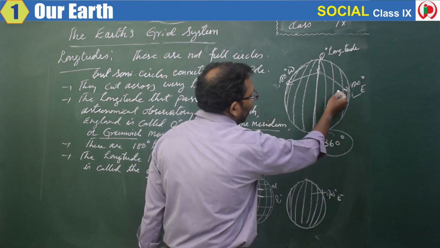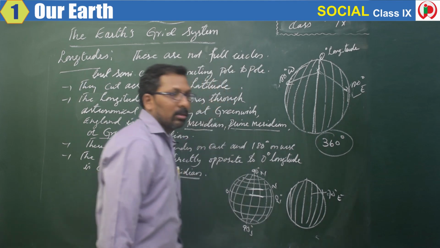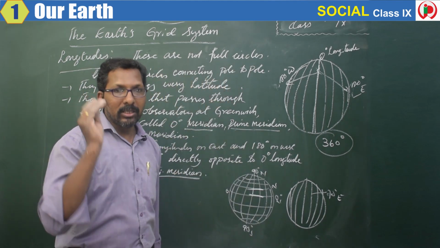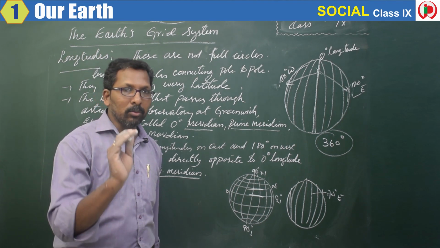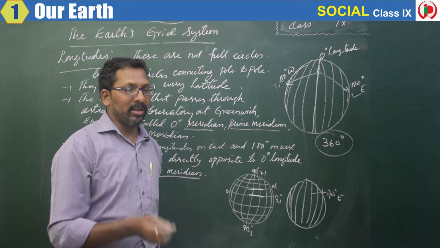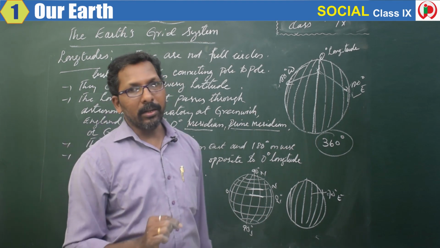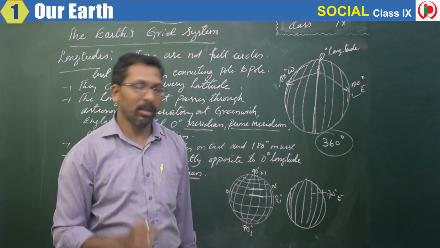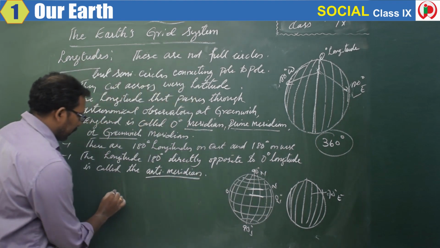So Hyderabad is located on the east longitude. So designating the longitudes is very important. For example, in which latitude and longitude is India located? How will you write it? India is located.